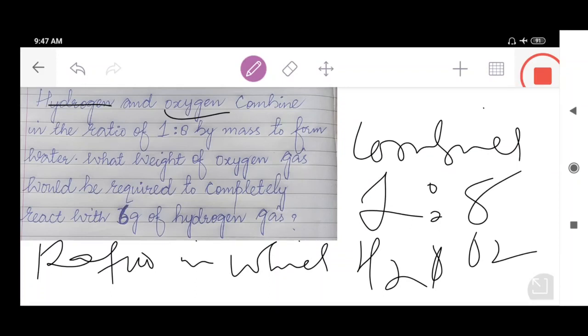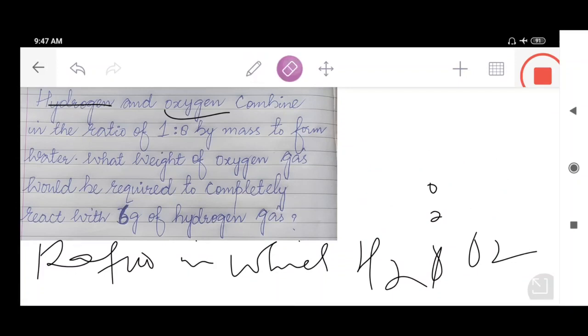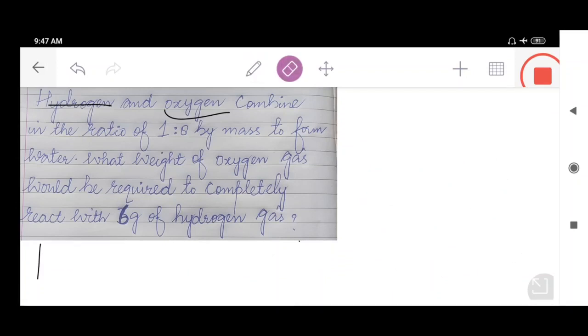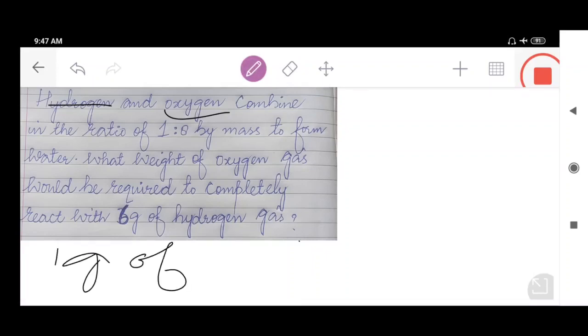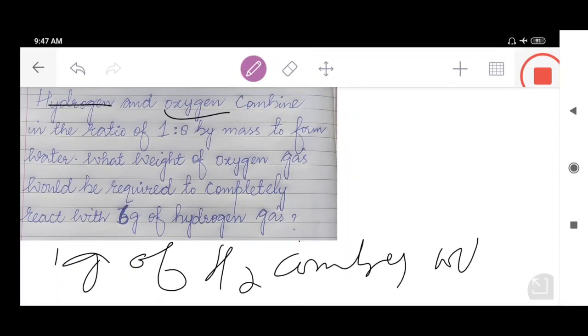Now, mark my words and jot down: that means 1 gram of hydrogen combines with 8 grams of oxygen.